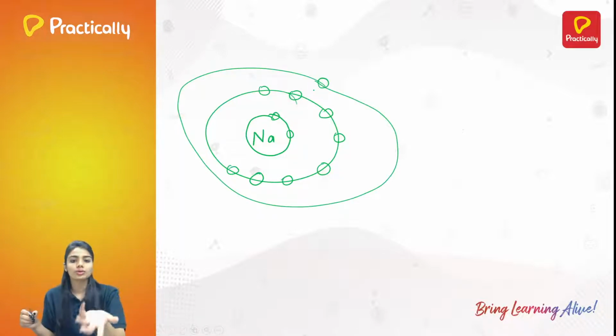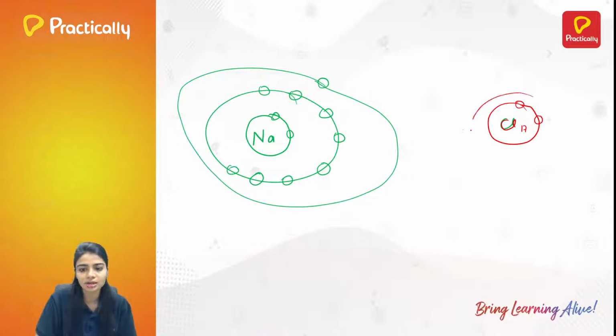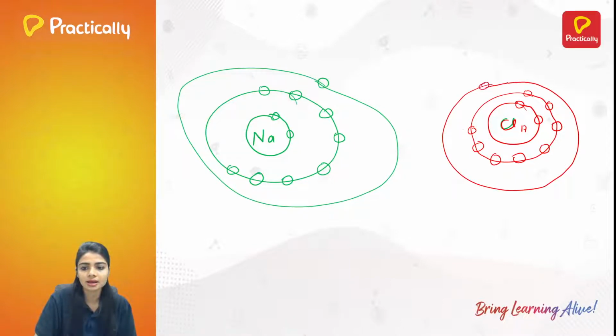Just don't go on the drawing part, okay? So this is chlorine. For chlorine, the atomic number is 17. That means 2 in the first shell, 8 in the second shell, and 7 in the outermost shell.